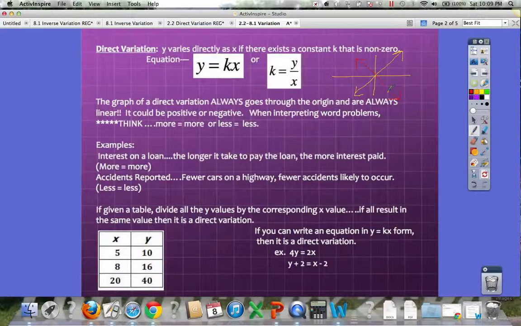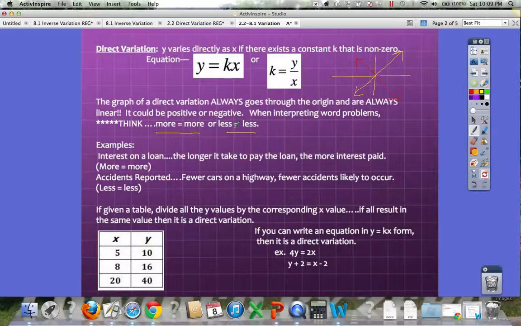All right. When interpreting word problems, you're going to want to think more equals more or less equals less. These are things that help you figure out which one it is. If you have more equals more, it could be a direct variation or a joint variation.